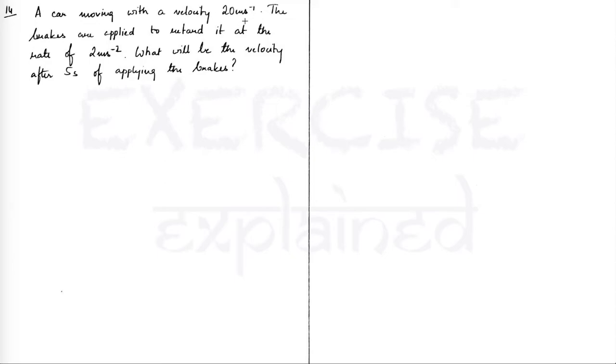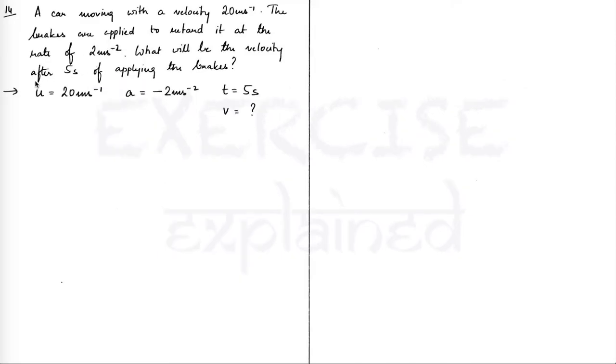Initial velocity here is given as 20 meter per second. Retardation is given as 2 meter per second square. So I will take acceleration to be minus 2 meter per second square, because it is slowing down, so I have taken a negative sign. Time is 5 seconds.